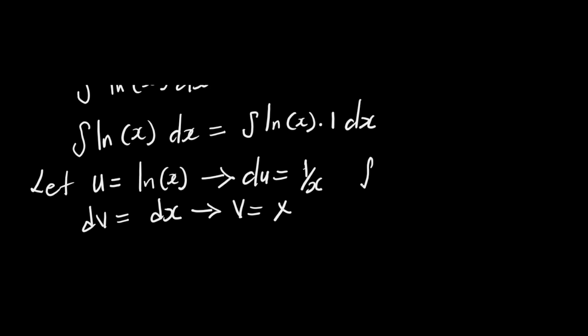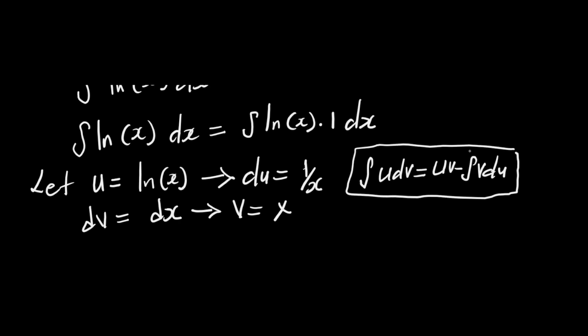Apply the formula. Integral u dv is equal to uv minus integral v du. This is the formula we have to use to solve this problem.